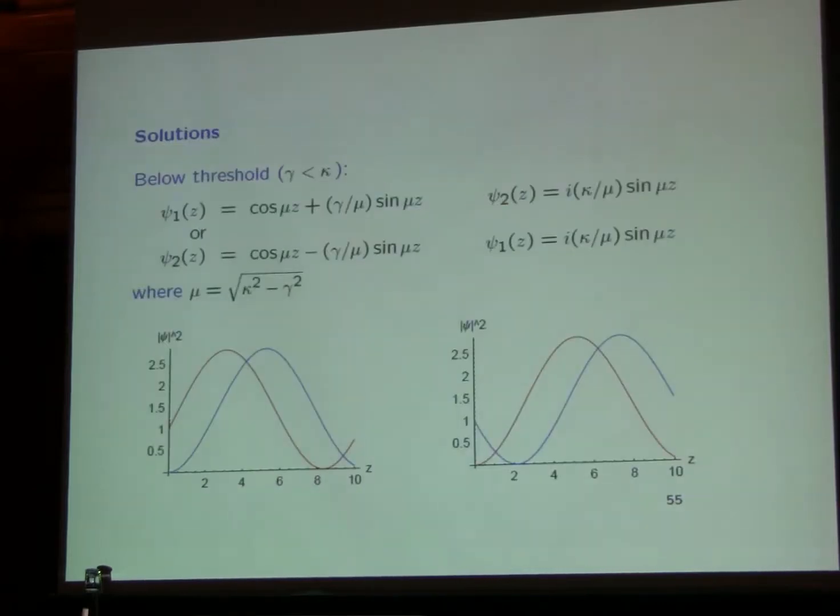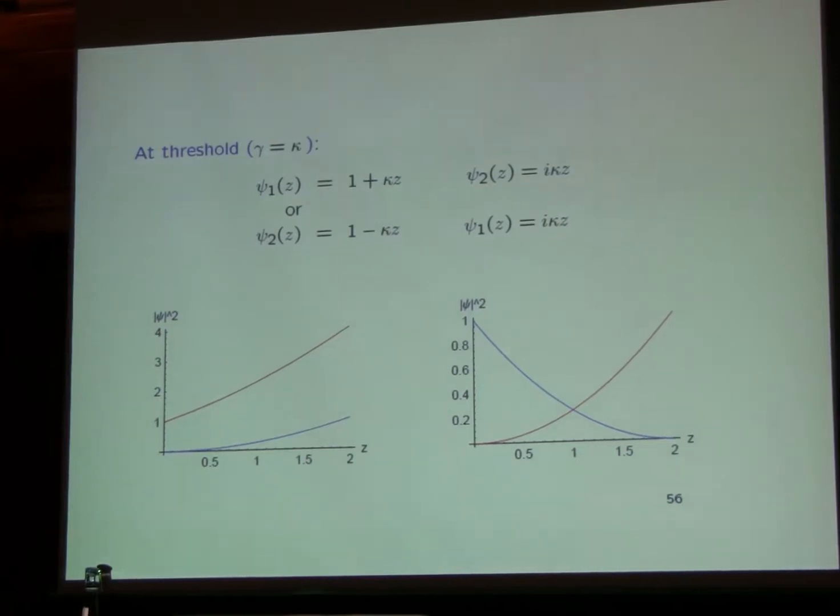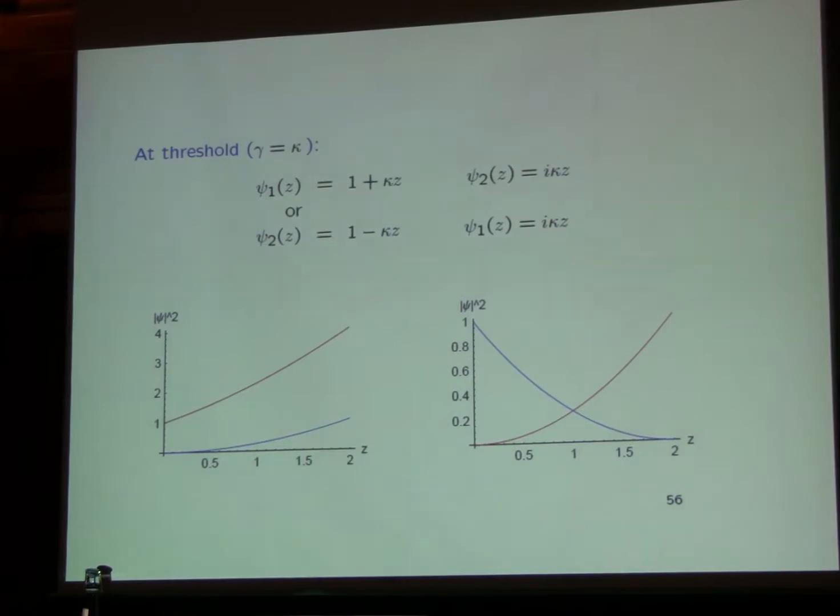You get sinusoidal variation solutions for psi 1 and psi 2, and there's a critical value again here of gamma, which is 1, or kappa really, and then you get linear behavior exactly at the transition point. This is actually quite interesting. In all these cases, when you go through a transition point, you get eigenvalues coming together and a single eigenvector only.